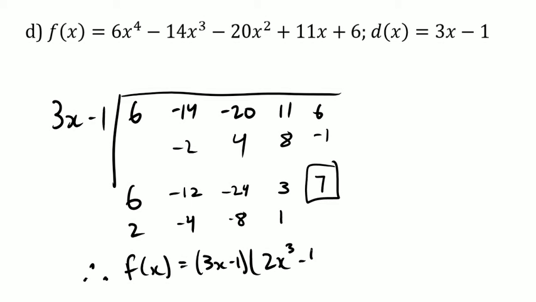I got a remainder of 7. Would it be possible, like all of those numbers were divisible by 3? What if that didn't happen? Would that be wrong? Yeah, it just means you'd have a fraction in your answer, which is absolutely possible.